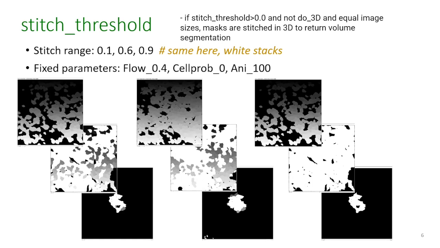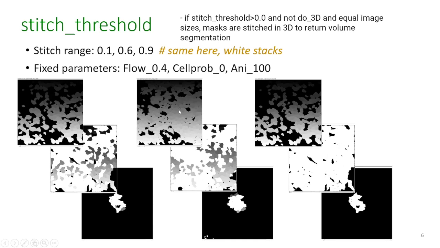But from the stitch threshold, you can see how it changes from 0.1 to 0.9 on the right side. So it somehow decreases in quality. But also it doesn't track, I mean.